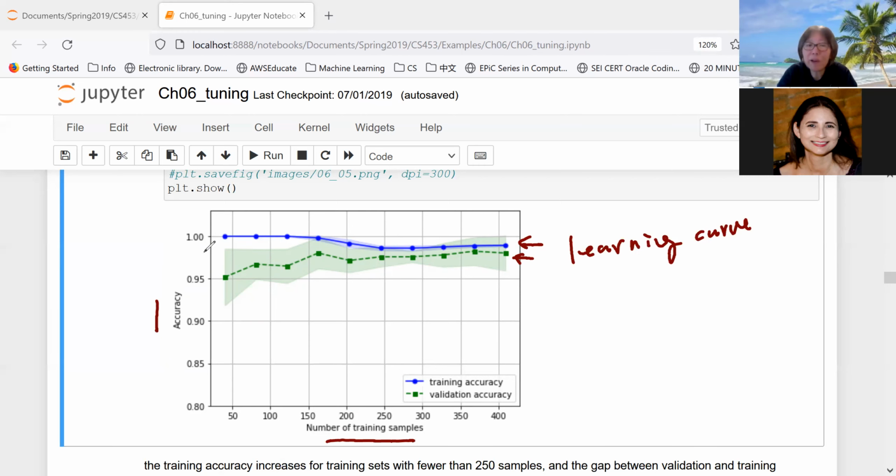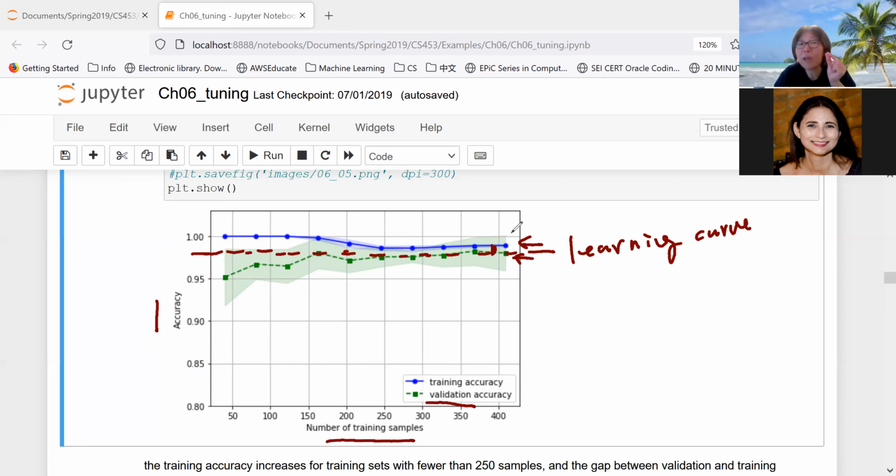And from this learning curve, you can kind of see the training accuracy and the validation accuracy are pretty close. The gap is very small, and both reach a certain range that is quite high.